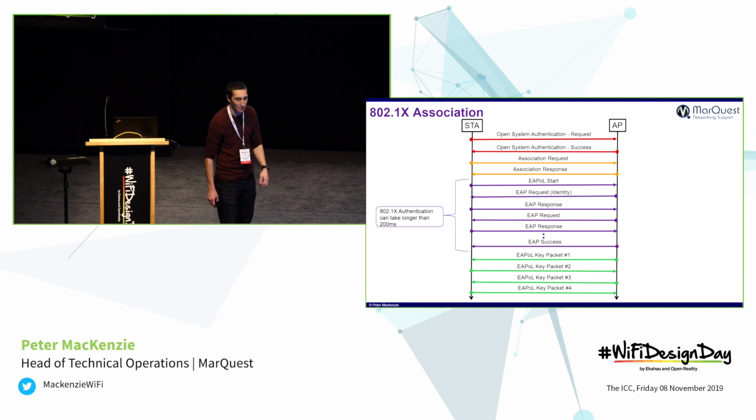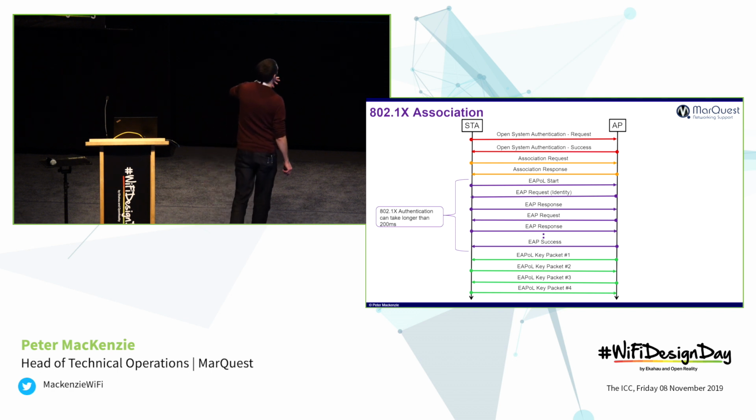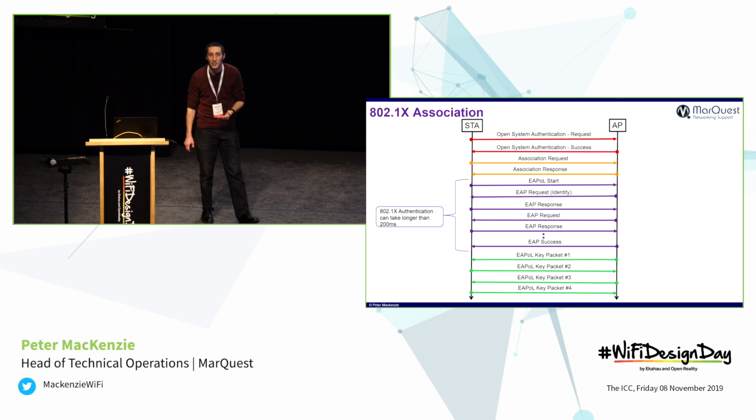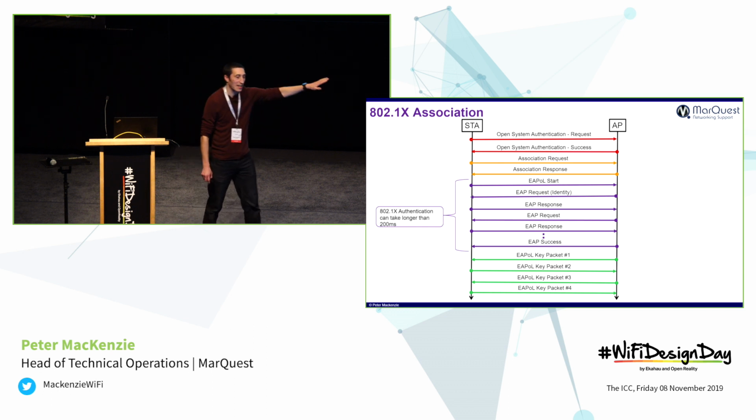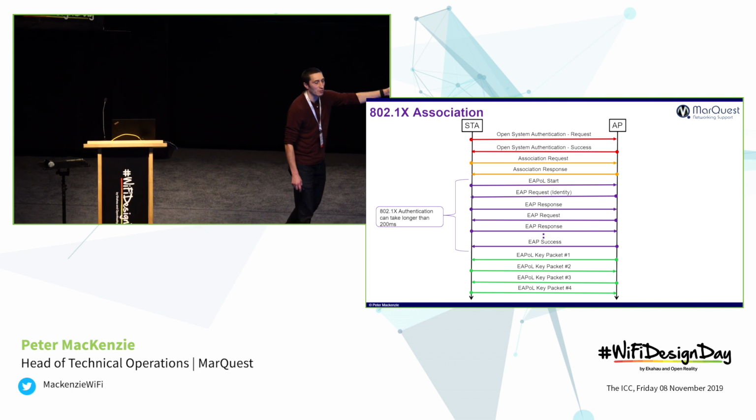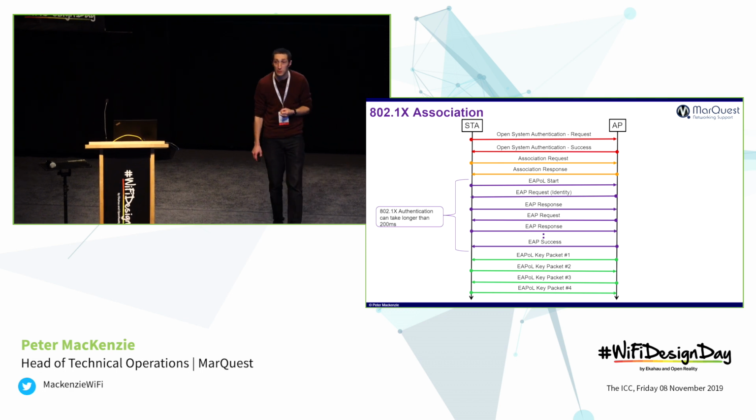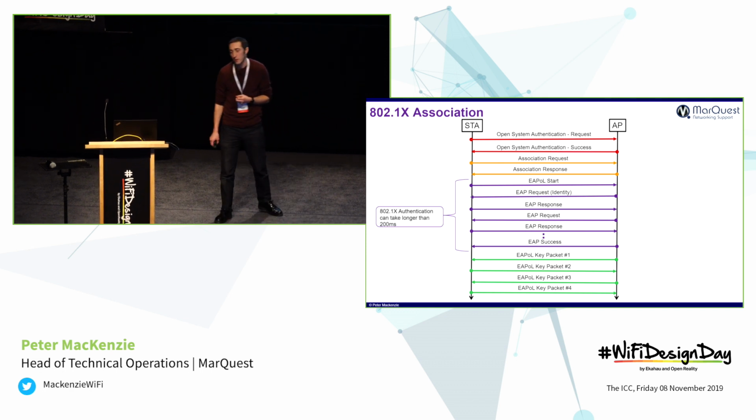It should never fail. Following our authentication onto the network, we then have to go through association. Association is, again, a 2-packet process. We will send an association request, and we should receive back an association response frame from the network.